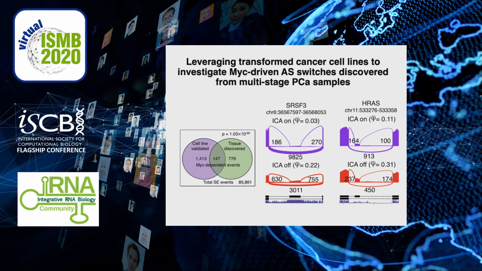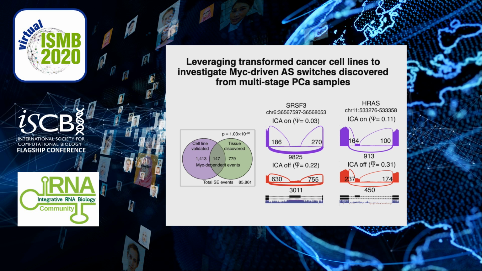Among these events, we're able to validate our top examples, as I show here, SRSF3 and HRAS. For both events, we observed MYC-driven exon skipping from our cell line MYC withdrawal experiment. What these 2 events have in common is that the middle exon contains a stop codon.